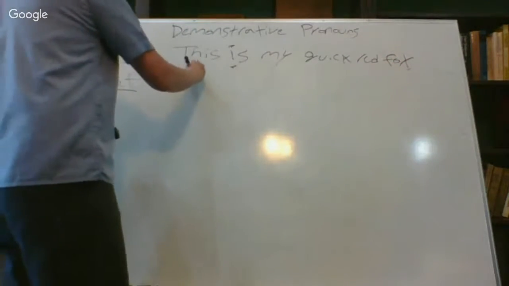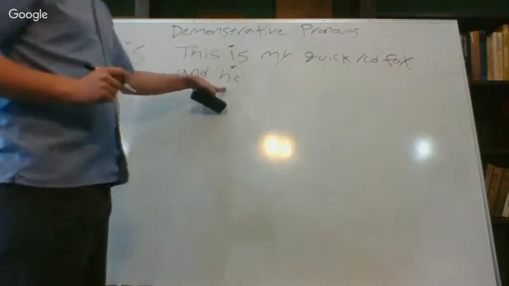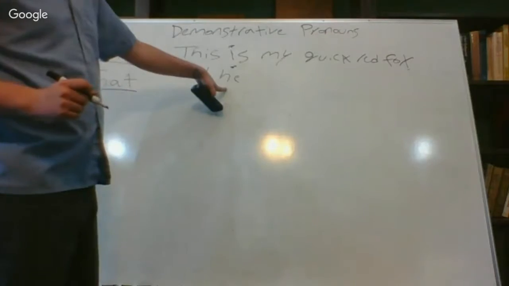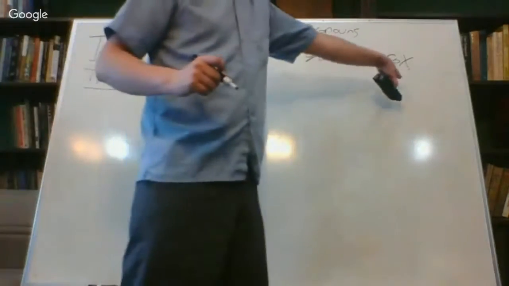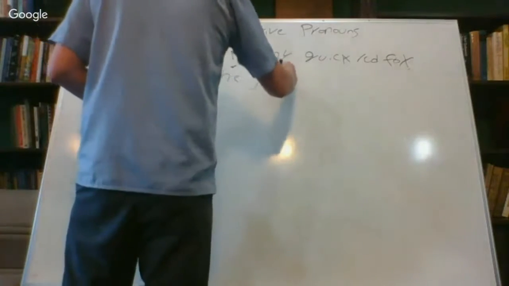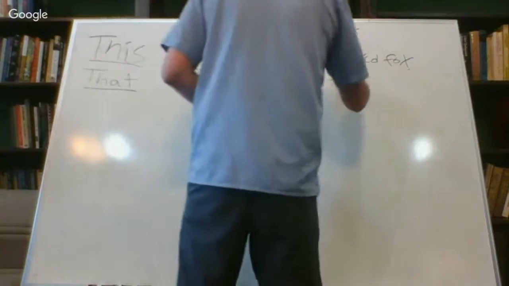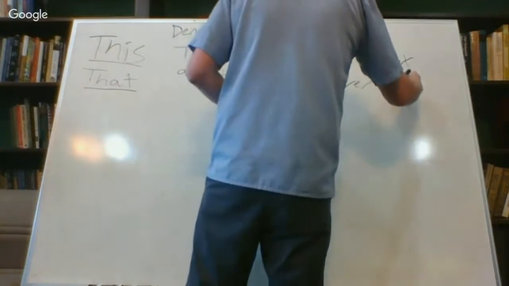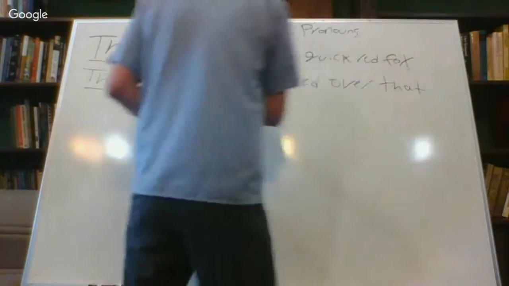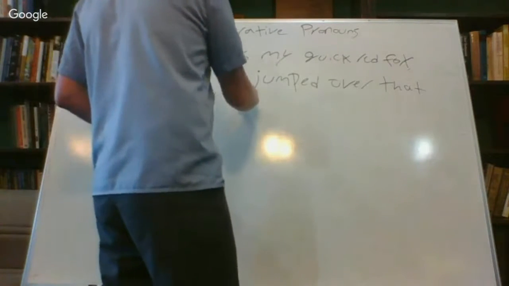And by conjunction, and he is referring to whom? He is referring to the fox, and he jumped over that lazy brown dog.